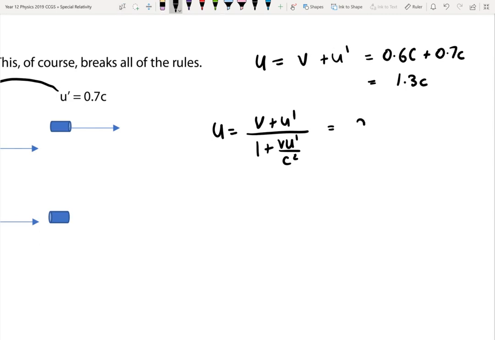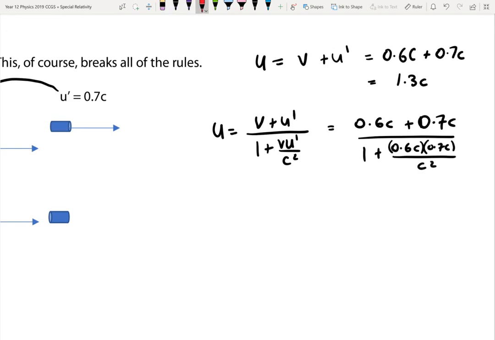Look what happens. We get 0.6c plus 0.7c over 1 plus 0.6c times 0.7c over c squared, and we can cancel out the c terms, at least in the denominator. Let's just simplify it again.